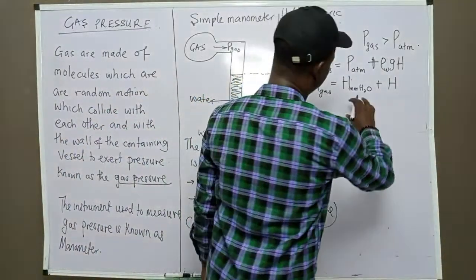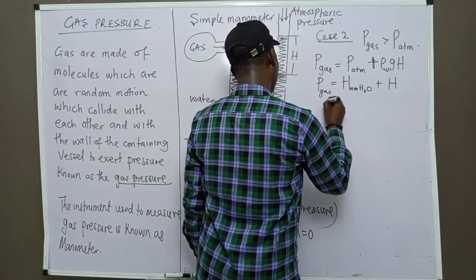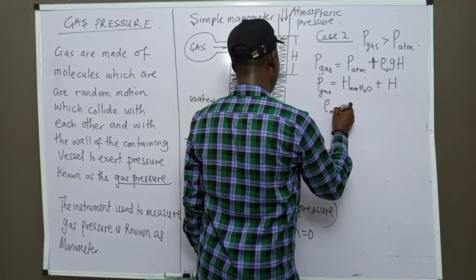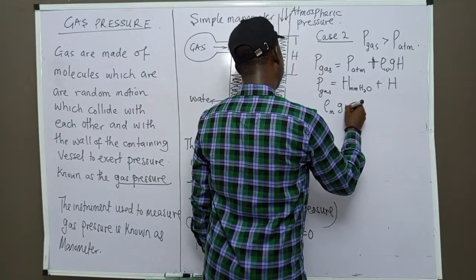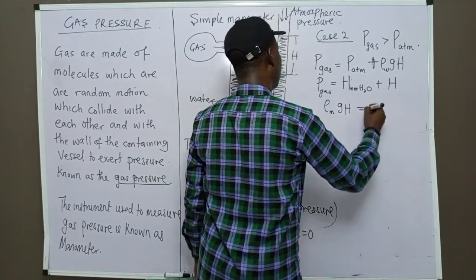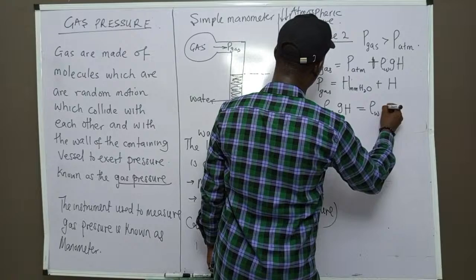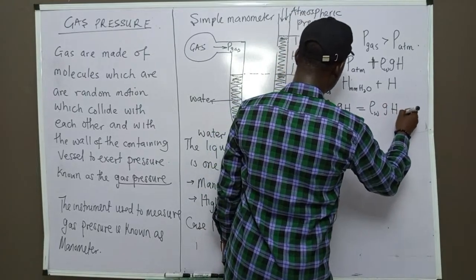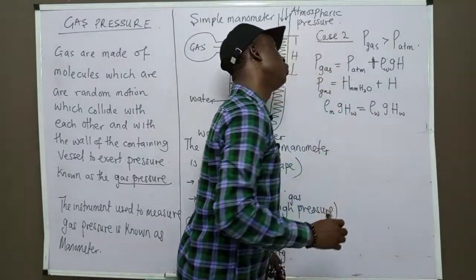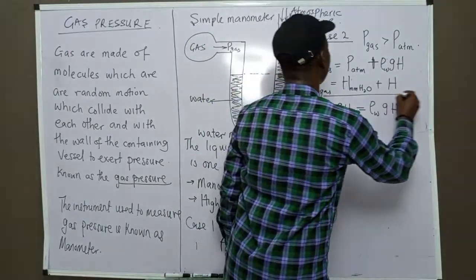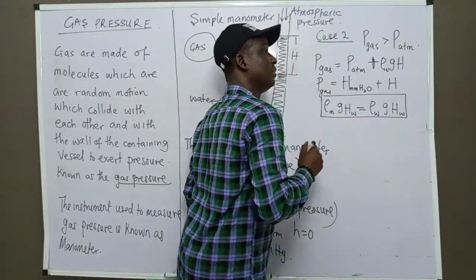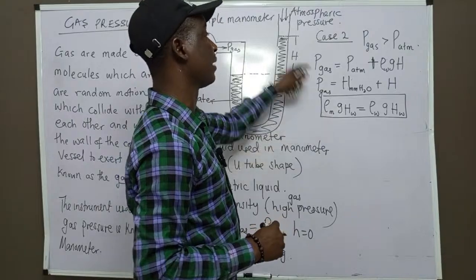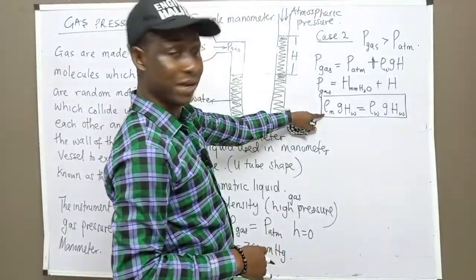Now I've explained this one. Don't forget that rho gh of the mercury, that means the pressure of the mercury, can be equal to the pressure of the water. So sometimes you might need to use this formula to convert mercury, because atmospheric pressure is in form of mercury.